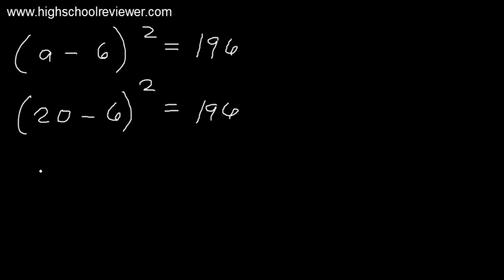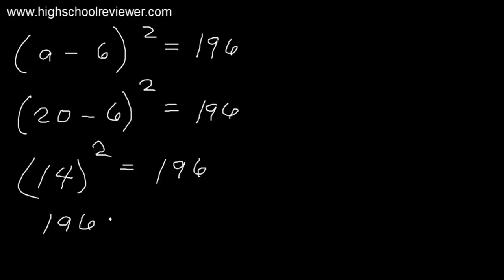So 20 minus 6 is 14, and 14 raised to the power of 2 will give us positive 196. So our positive 20 is correct.